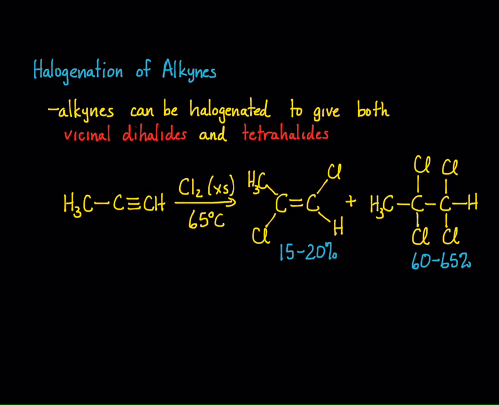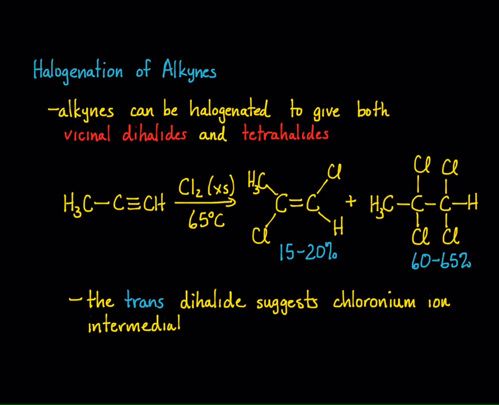So why am I showing this? Usually we get the tetrahalide as the major product, but I want to show you that you get this trans dihalide, because that trans dihalide does suggest that a chloronium ion intermediate is being formed. However, the mechanism for halogenation of alkynes isn't well understood.